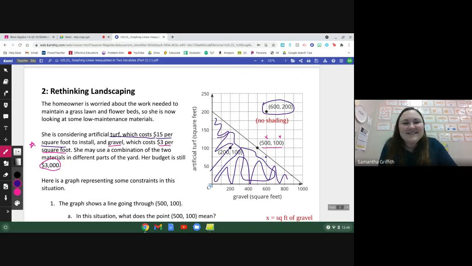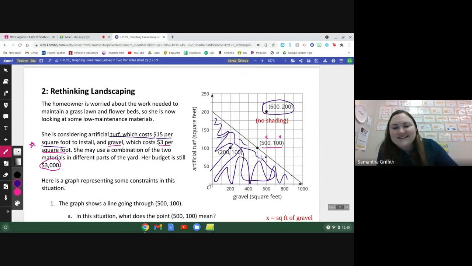So that's what we had been working on yesterday, is this idea of to show that any point in this area here is a solution point, we're shading. And to be a solution means, I hear you saying, it's meeting the constraint. It's within that budget of $3,000. We could look at this graph here and see all the different possibilities this homeowner has for that money.